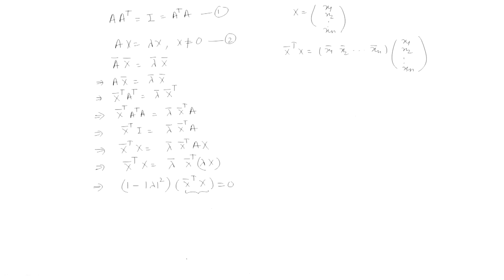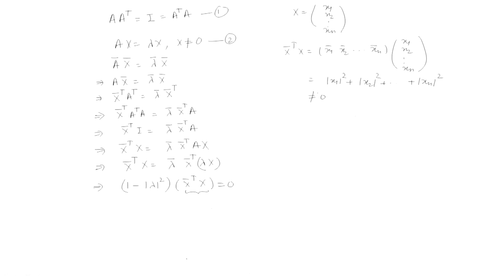When you multiply this row with this column, it is mod x1 square plus mod x2 square and so on up to mod xn square. It will be 0 only when all xi's are 0, because moduli are positive quantities. So this will never be 0, because x is not 0.